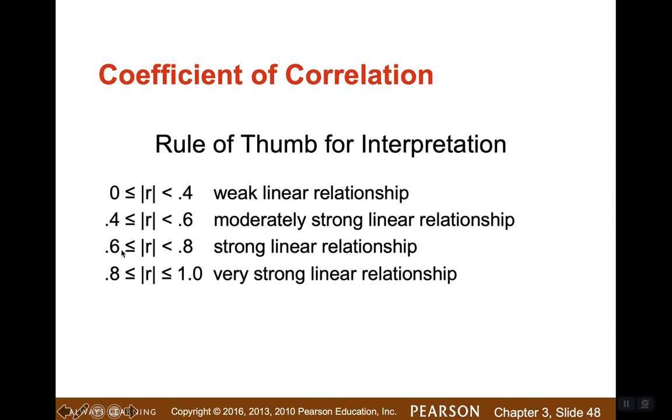If it's between 0.6 and 0.8, we're saying it's a strong linear relationship. And if it's between 0.8 and 1.0, it's very strong. Once again, these are all estimations, approximations based upon an evaluation of the characteristics that we've gathered within the data.